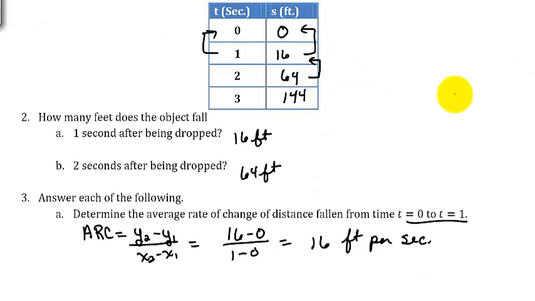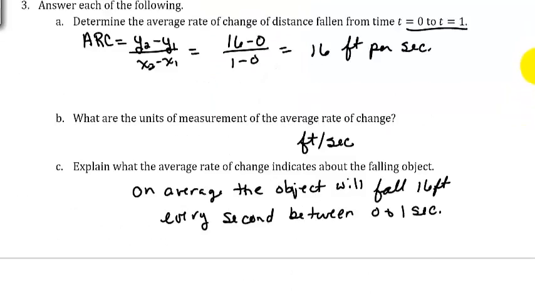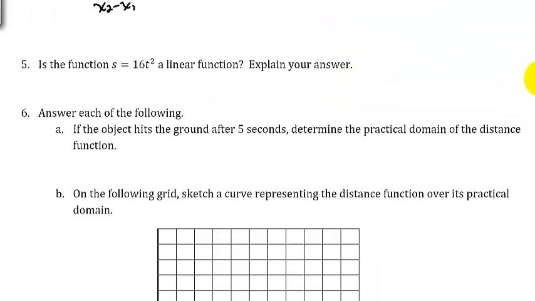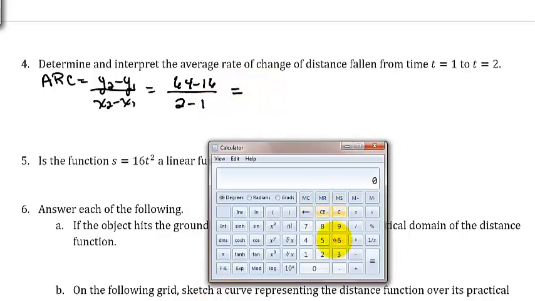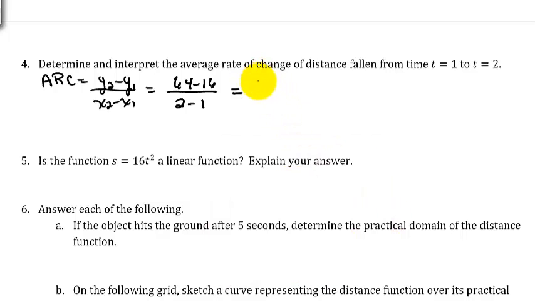So 64 minus 16 on the top, and 2 minus 1 on the bottom. So if we take 64 and subtract from that 16, we get 48. And that would be over 1, so it's going to be 48, and that's feet per second.